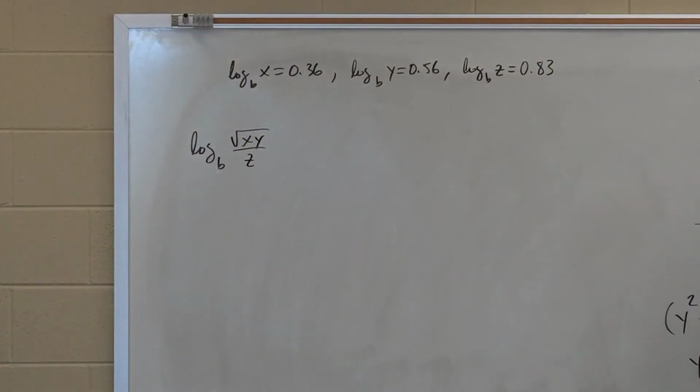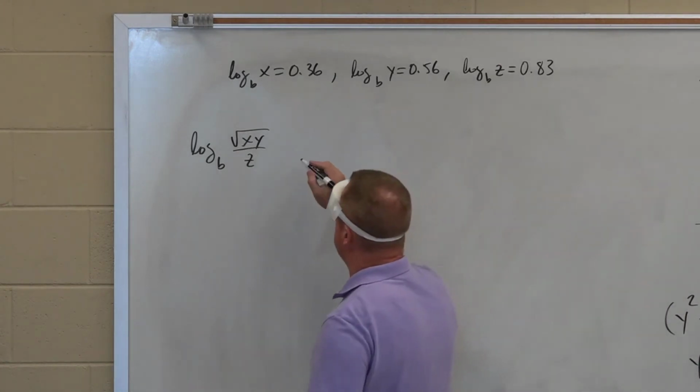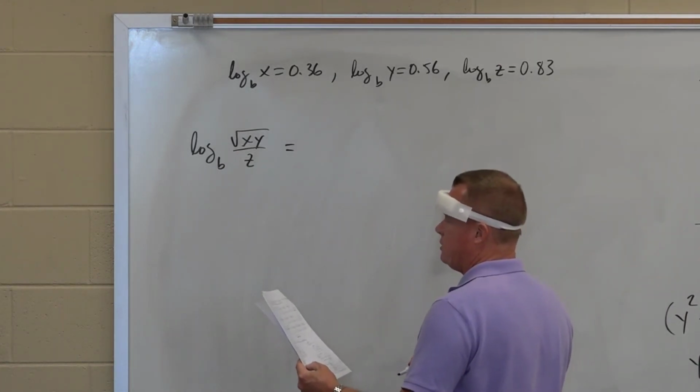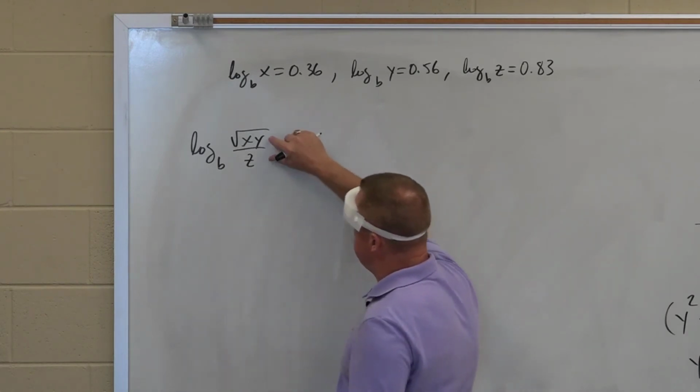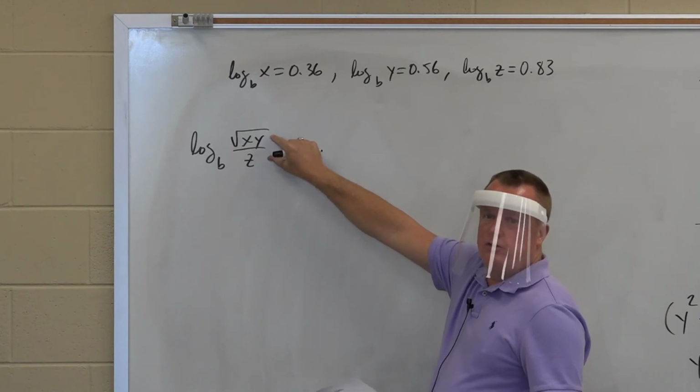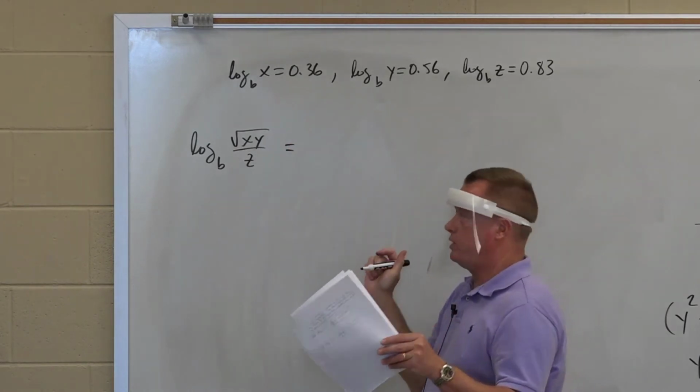So with the properties, I can break this apart. All right, so probably what I would do first is go ahead and say, well, I've got division there. So I can write that as two different logs with subtraction.